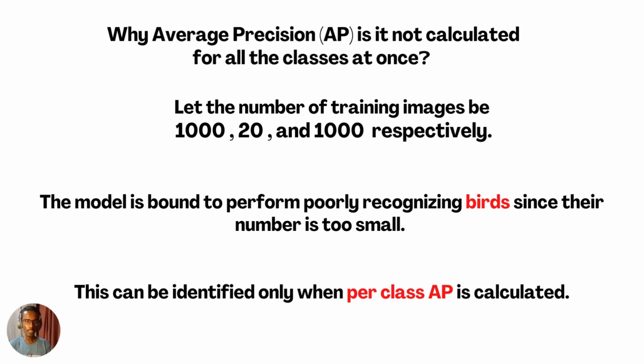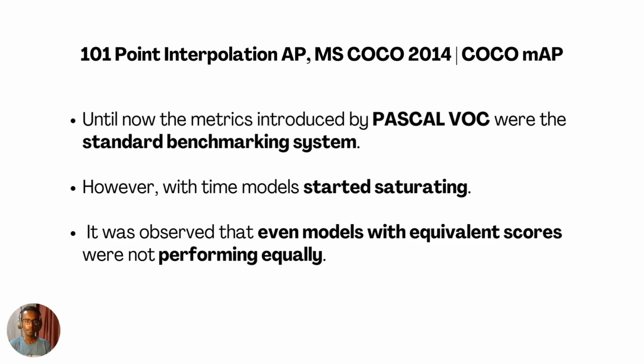So if you combine all of these classes and compute the average precision for all of the classes, the birds are not going to be considered in the evaluation of the average precision. So this can be identified only when per class average precision is calculated for each class.